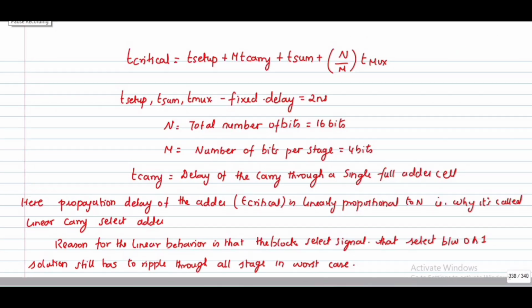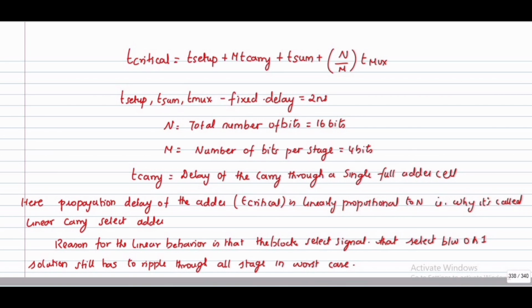You can see I have used 4 muxes, so I can write it as N by M into T mux, plus T sum, if I want to calculate the critical path for the sum. Here I can set T setup, T sum and T mux as a fixed delay equal to 2 nanoseconds, and N is the total number of bits, that is 16 bits, M is the total number of bits per stage, that is 4 bits, and T carry is the delay of the carry through a single full adder cell.